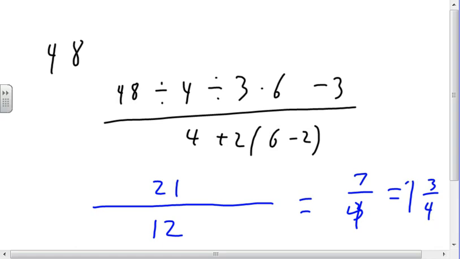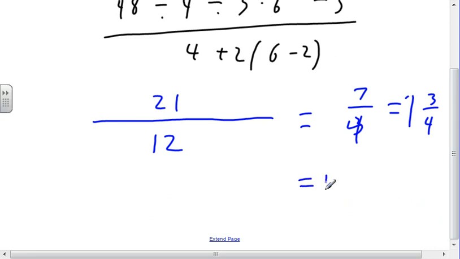Second function changed to a fraction. Boom, 7 over 4. So my calculator said 1.75, a perfectly legitimate answer. There's no reason you have to put it in any other form than that. Perfectly okay.